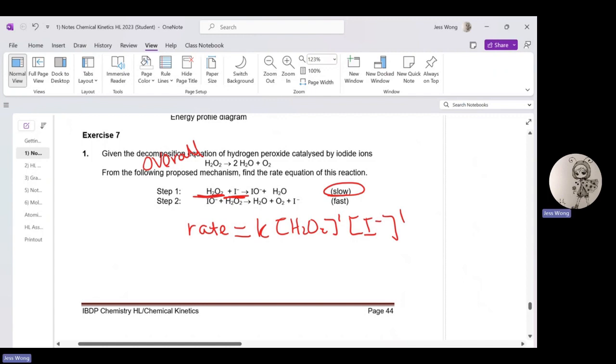So let you think for a while first. H2O2 is in the equation, but I minus is not in the overall equation. So can I put it in the rate equation?